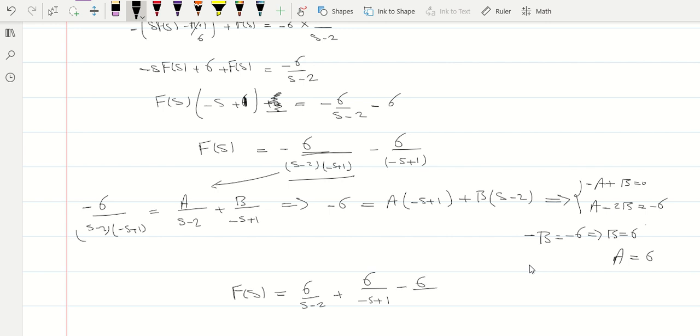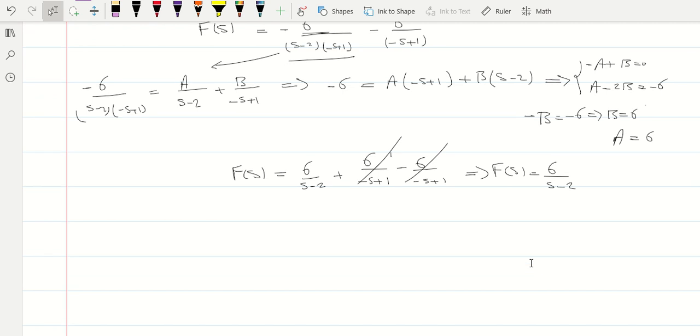And as you see, these two terms would be omitted because they cancel each other. So we will be left with F(s) equal to 6 over s minus 2, which we can easily calculate the inverse of.